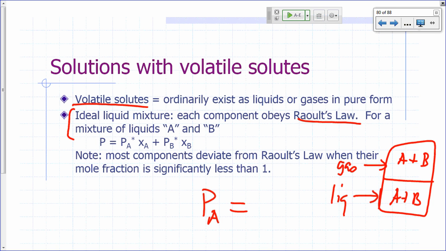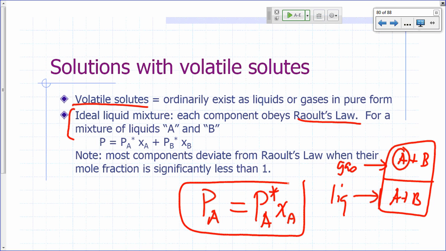The partial pressure of A in the gas would be equal to its vapor pressure if it were pure, multiplied by its mole fraction in the liquid phase. So this is Raoult's law, remember?